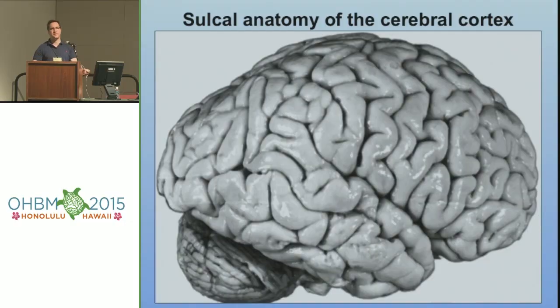The next sort of detailed level of anatomical descriptions would be the sulcal and gyral anatomy, so where you label the different fissures and the gyri bounded by them. And this is, in many respects, a useful description in particular when we are talking about regions of the brain that are fairly stable across subjects.